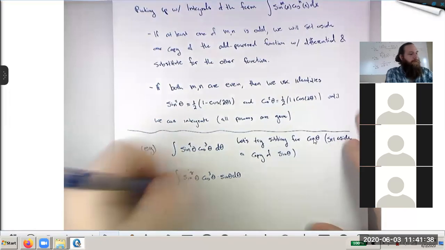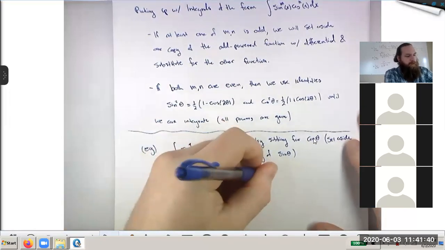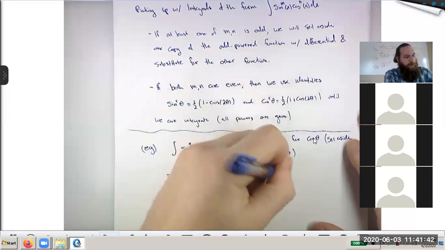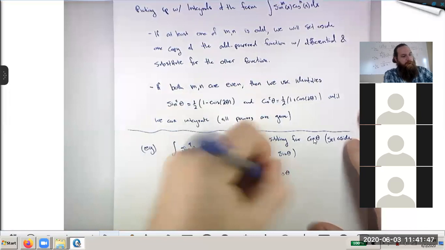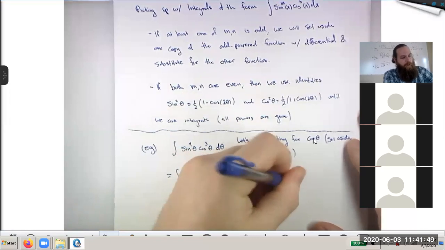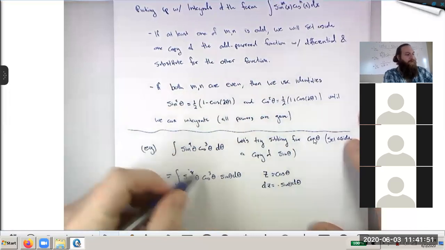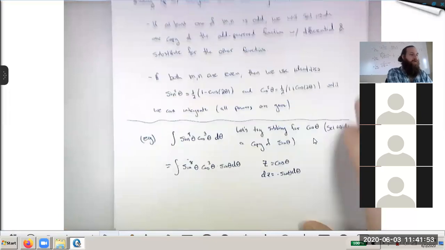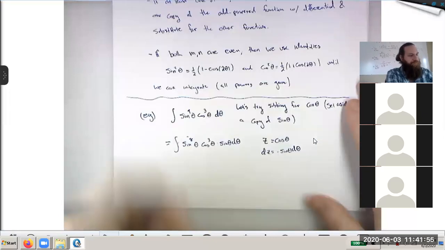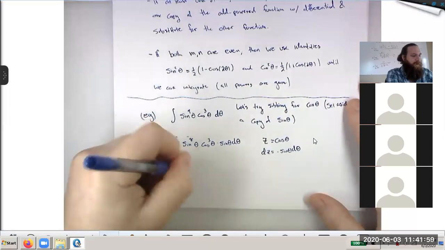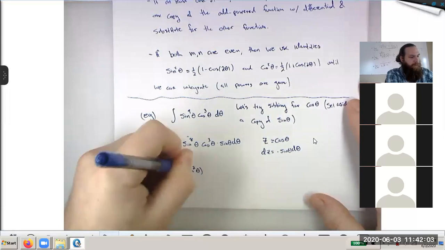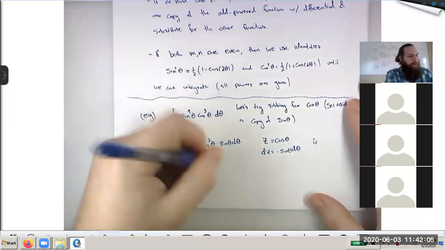So before I'm able to make the substitution, z equals cos theta, dz equals negative sine theta d theta, I need to rewrite these 8 powers of sine in terms of cosine. So here's the trick, right? We're going to use the Pythagorean identity. Sine to the 8 theta is sine squared theta all raised to the 4th power.